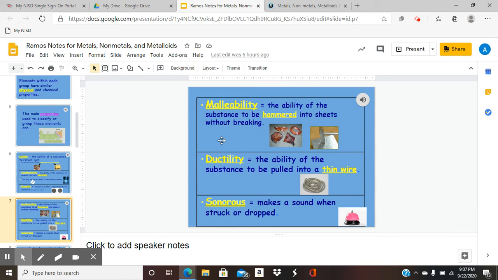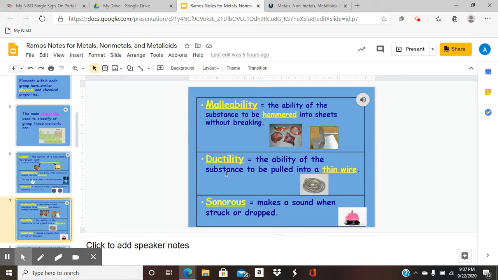Malleability is the ability of a substance to be hammered into thin sheets without breaking. And you have examples at home of substances that are malleable, like your foil paper. Ductility is the ability of a substance to be pulled into a thin wire.